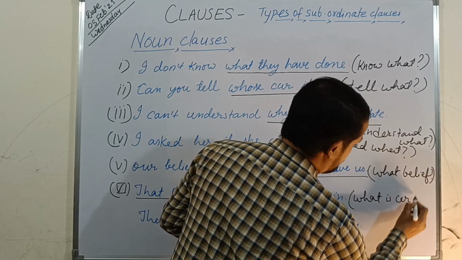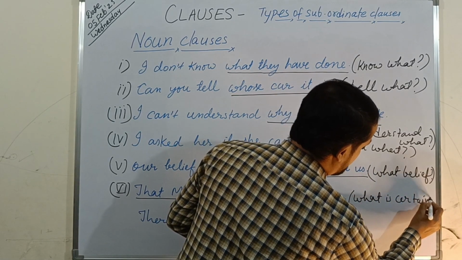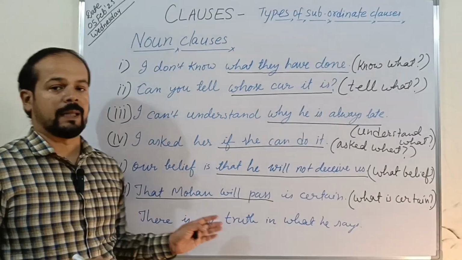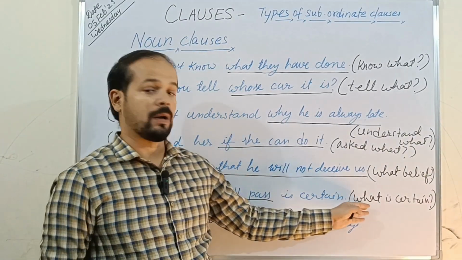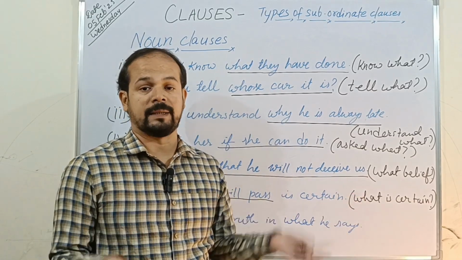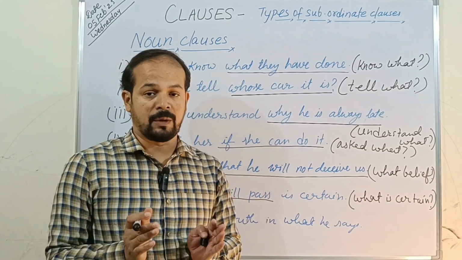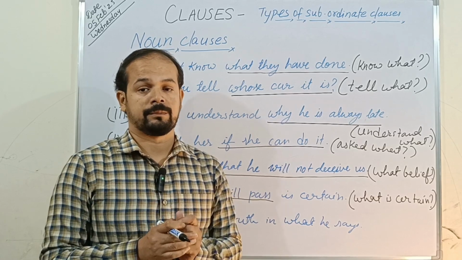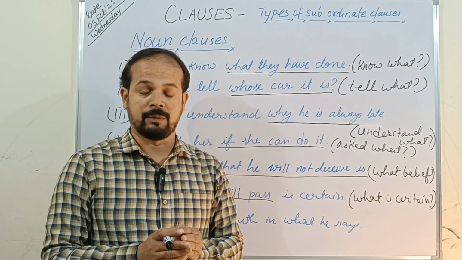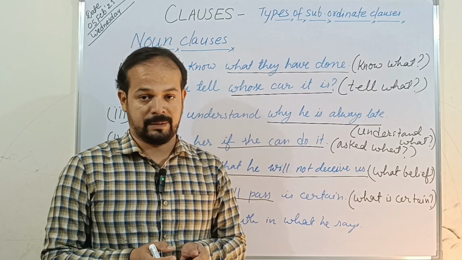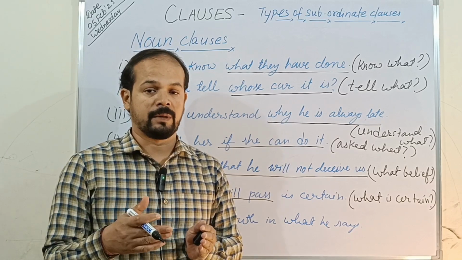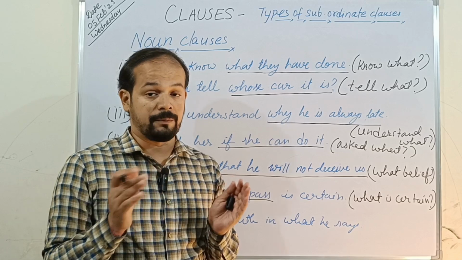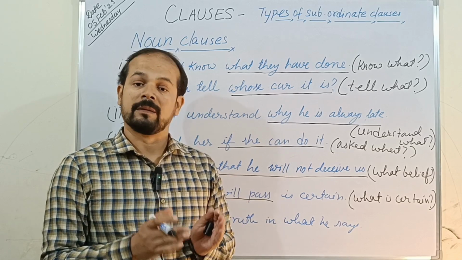When you ask this question to yourself, you will understand that these questions are looking for a noun. When we answer the question "what is it?", we are looking for a noun. When it's a group of words without any finite verb, then it's a phrase, and it may work as a noun phrase. But if there is a finite verb, if there is a subject and predicate of its own, then it's a clause.